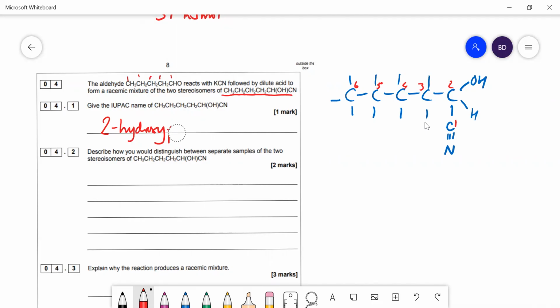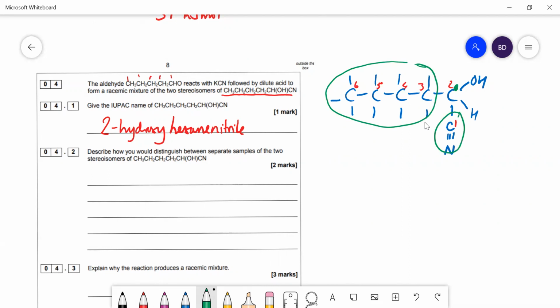Hexanenitrile. How would you distinguish between separate samples of the 2 isomers of that? Well, this carbon here is chiral, number 2. It's got 4 separate groups attached to it. It's got that one, that, and that. So it's chiral.